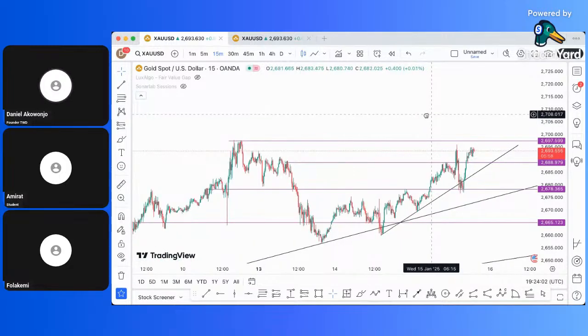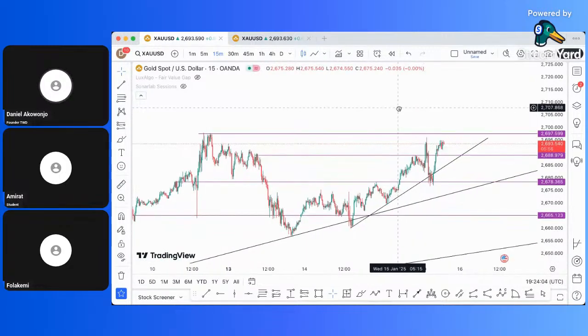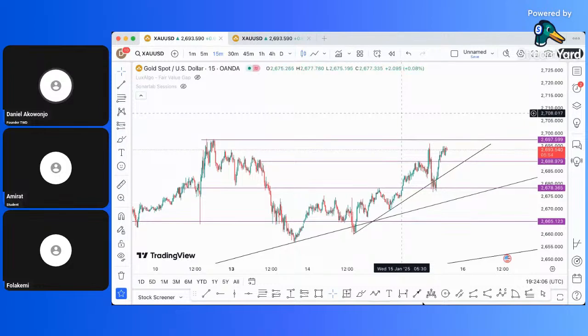So be patient enough for the market to come to us. I think that has been my mistake this week. This past January, I've just been rushing to the market, rather than waiting for the market to come to me and seeing my confirmations before I take those trades. But regardless, this is a process.